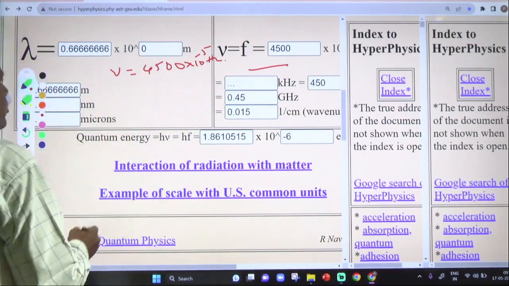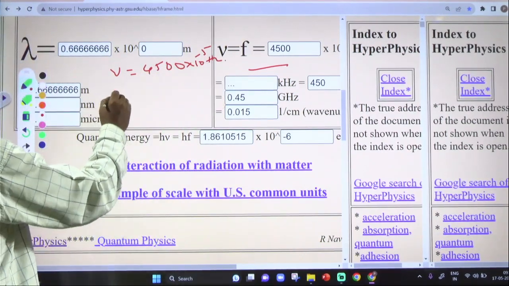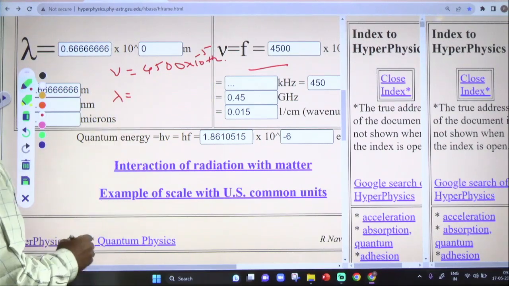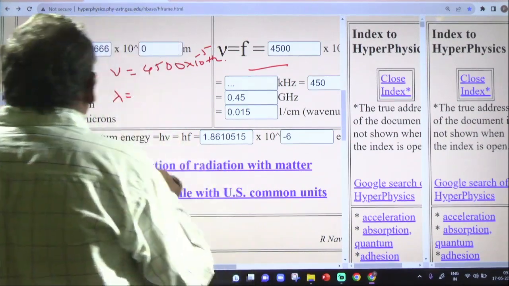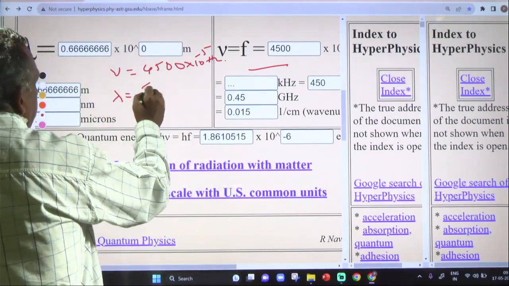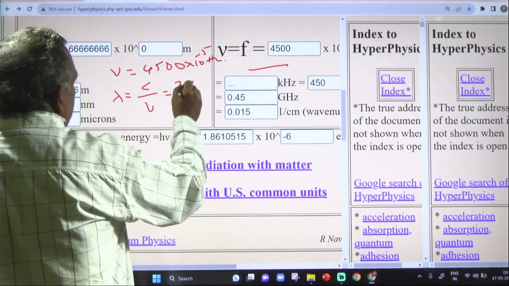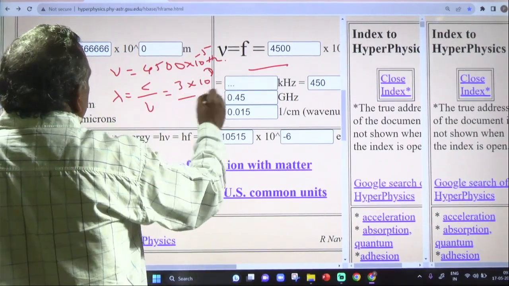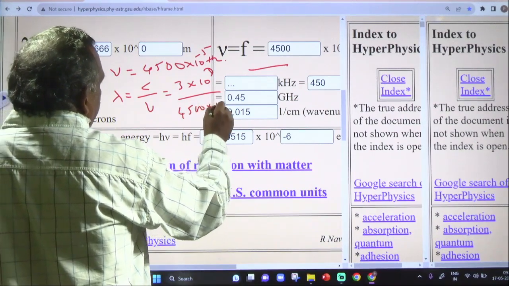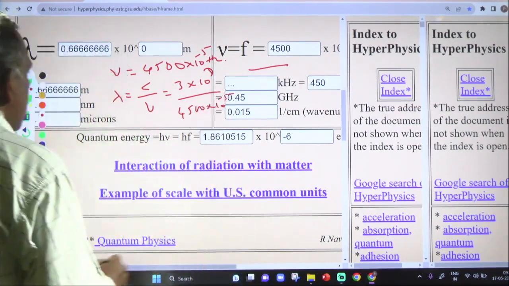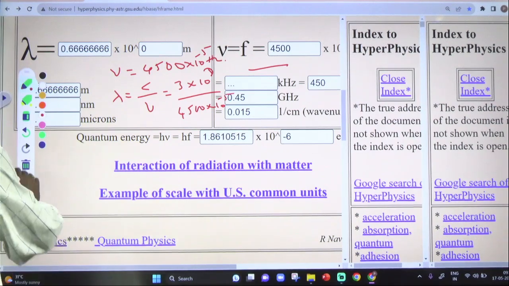If you know the frequency, then C is equal to nu lambda, so lambda is equal to C by nu. C is 3 into 10 power 8, divided by 4500 into 10 power minus 5. In this way you can calculate the values.